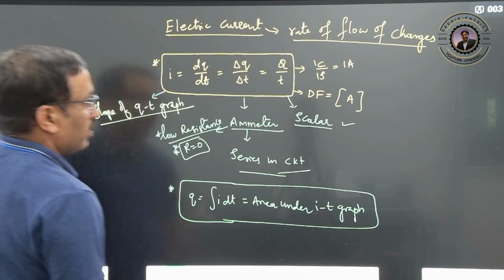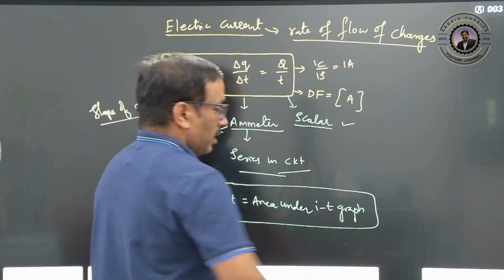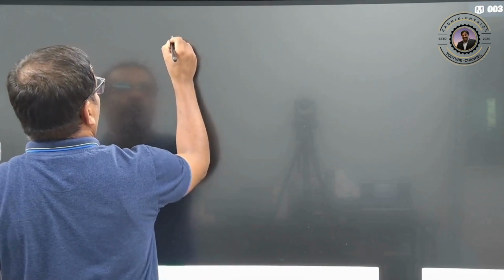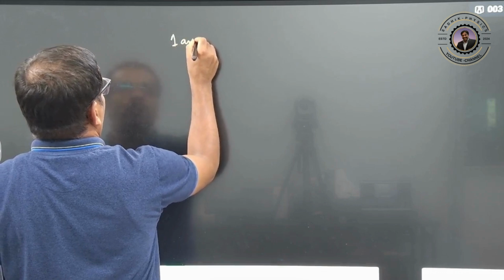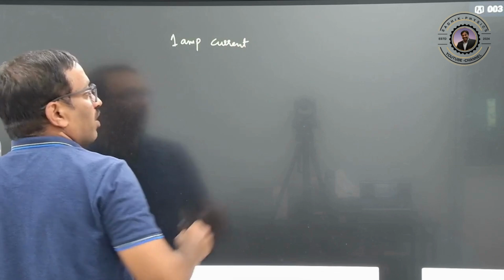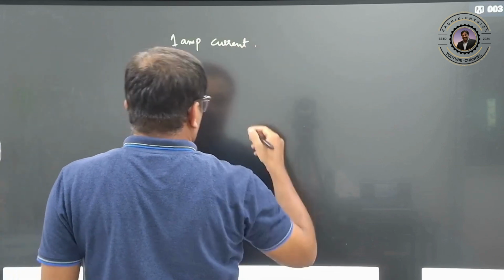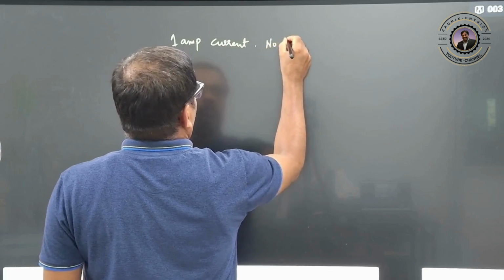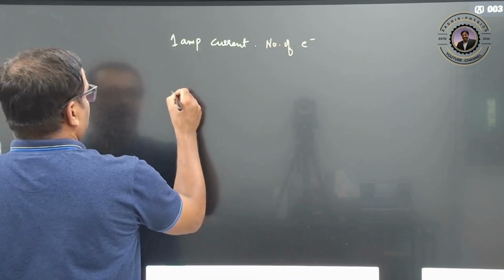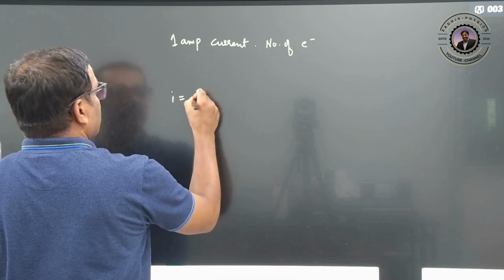You understand? Clear? So let us see here, if you want 1 ampere, in 1 ampere of current how much charge will flow, or how many electrons will flow? What you can write now is current as charge per unit time.